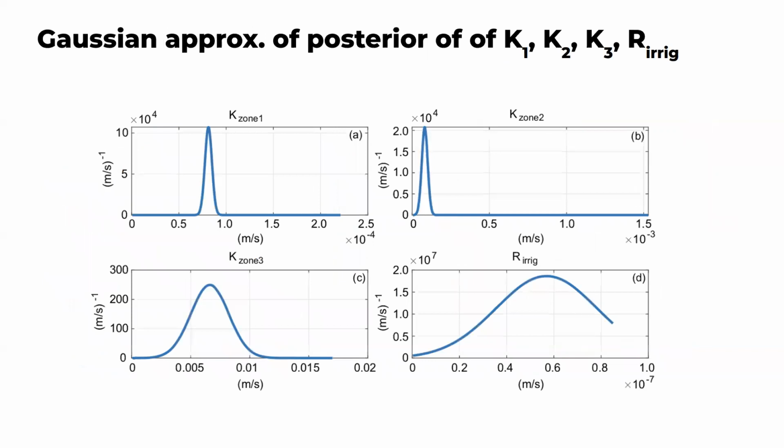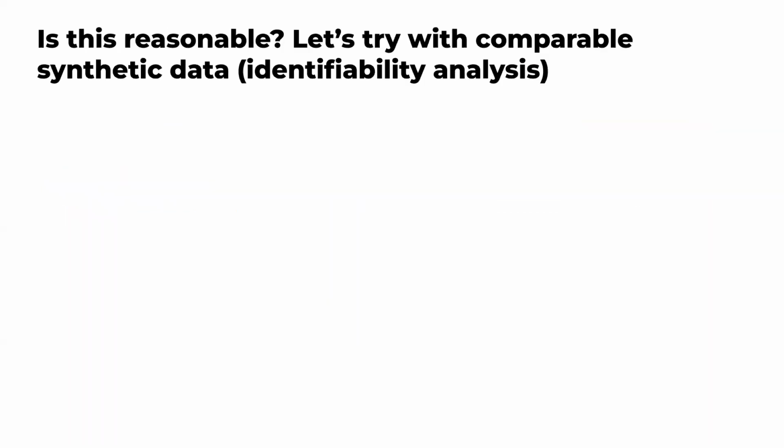You're right. If your nominal value, the MAP value, is wrong, the prediction is wrong. That is why we tried the identifiability analysis.